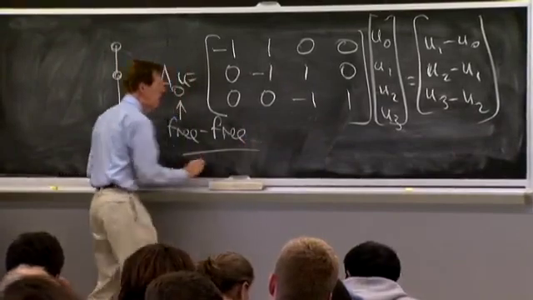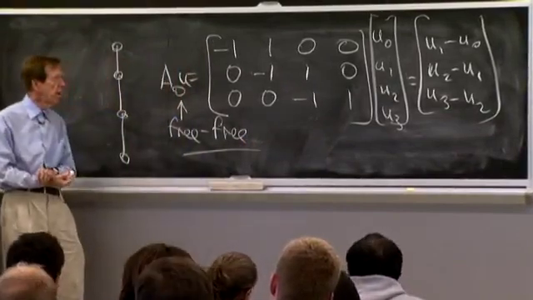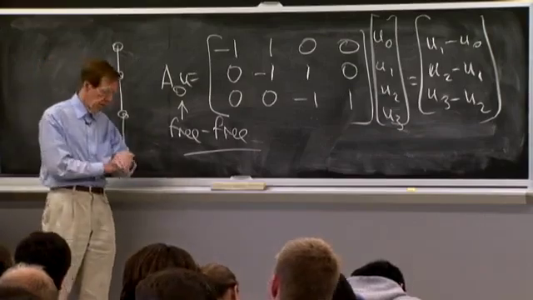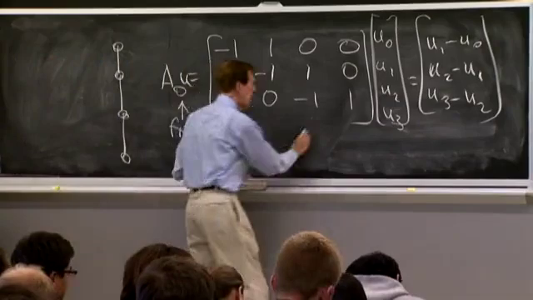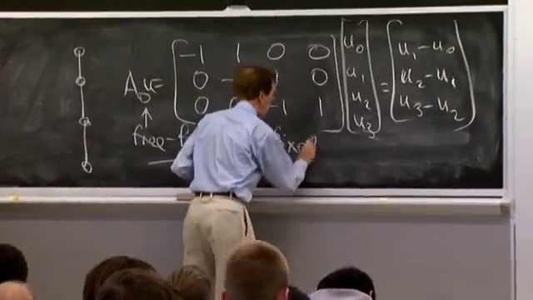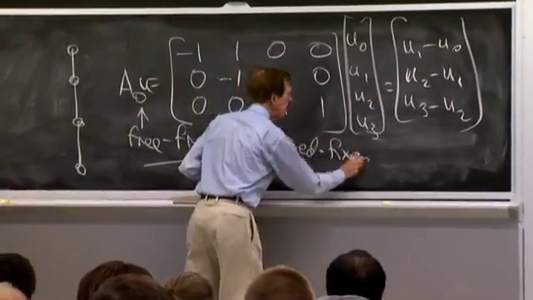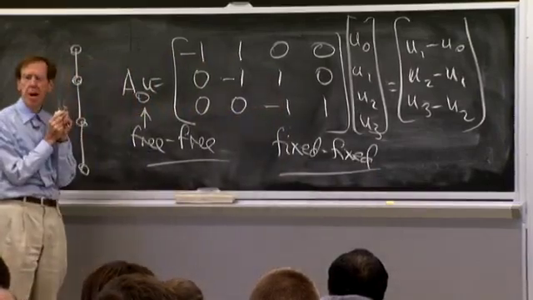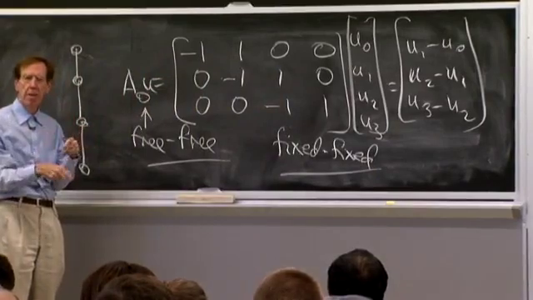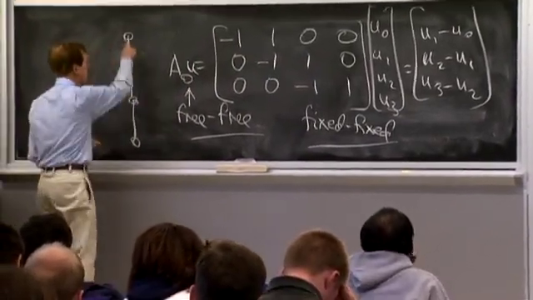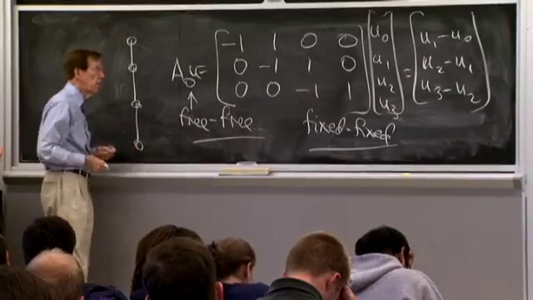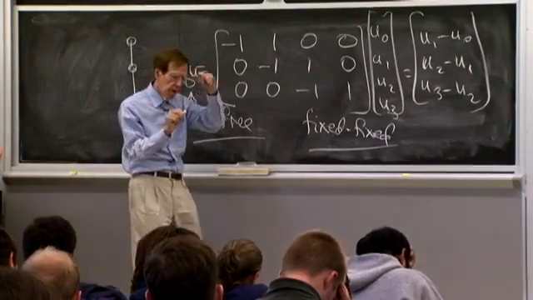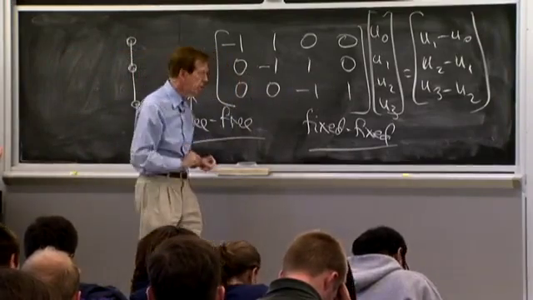I'll take one more case and then I think we're at time. Suppose it was fixed. How would I change that matrix if my problem became fixed? So now I'm fixing that U, I'm fixing that U. In the mass spring case, I'm adding supports there.